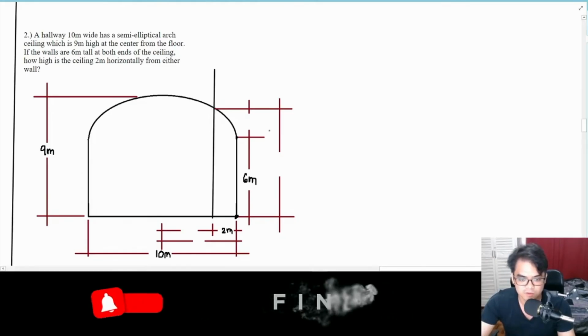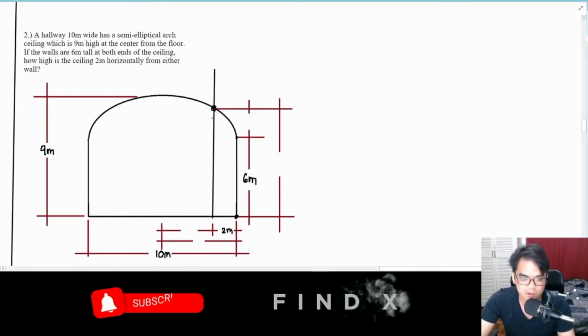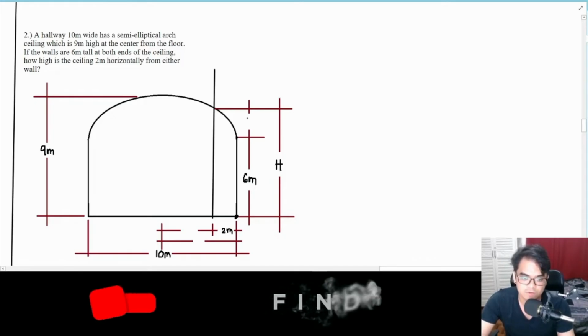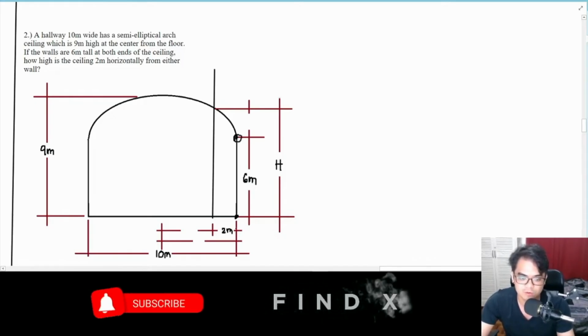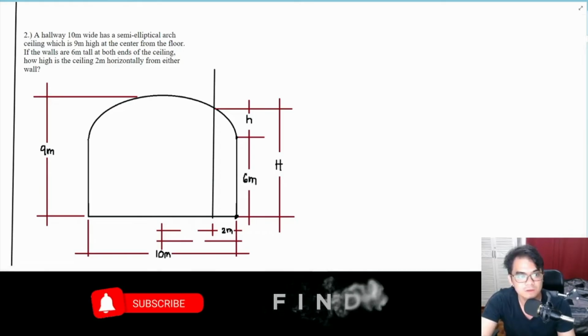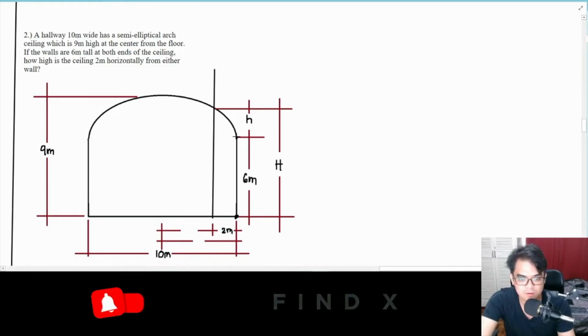What is asked is how high is it from here to here. Let's call that h. That will be the length of this one. And from here to here, there's already 6. And then let's just call this one h.